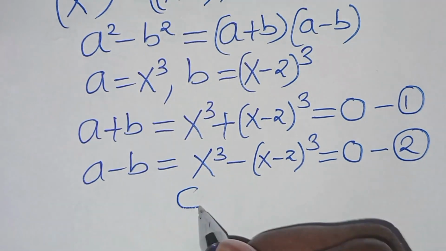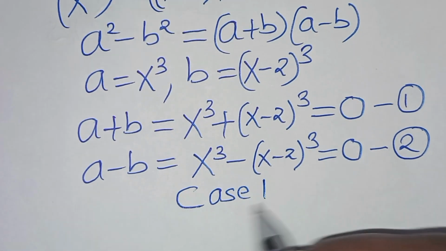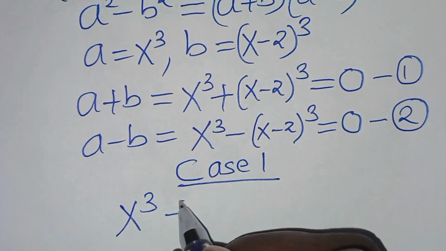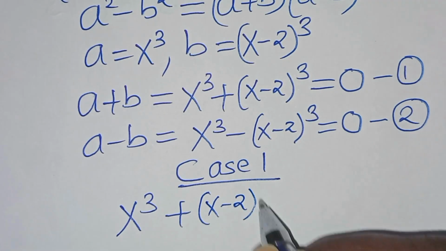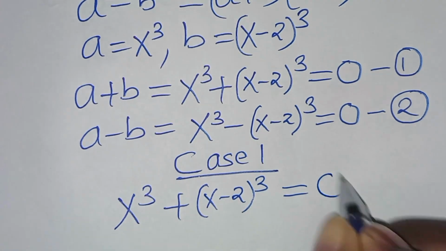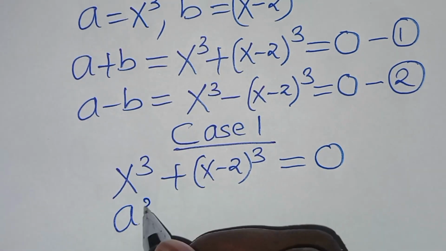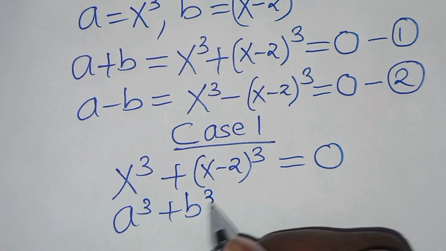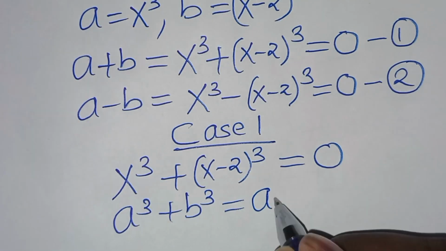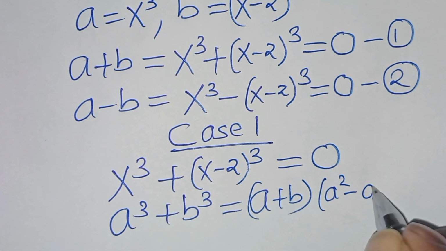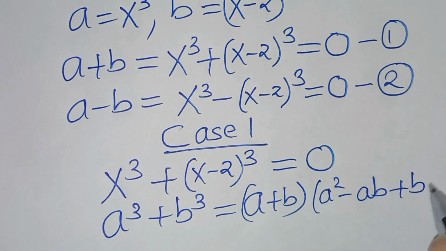So let's start with equation 1. I can call this one case 1. In case 1, we have x to power 3 plus (x minus 2) to power 3, equal to 0. This is the sum of two cubes, expressed as a to power 3 plus b to power 3, which we can express as (a plus b)(a squared minus ab plus b squared).